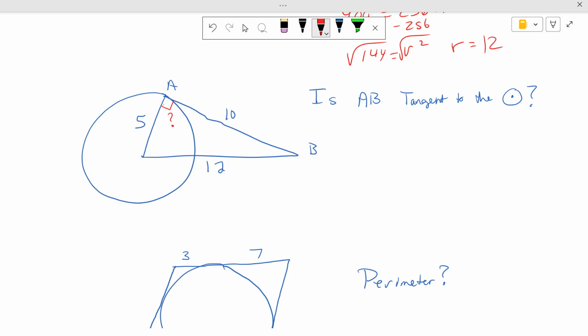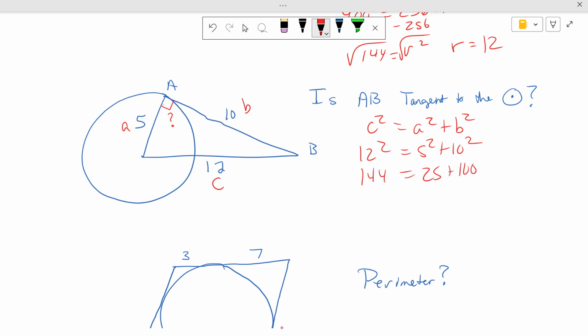We have to do the Pythagorean theorem again. C squared equals A squared plus B squared. Is 12 squared equal to 5 squared plus 10 squared? Is 144 equal to 25 plus 100? No. It is not tangent because it doesn't make a right triangle.